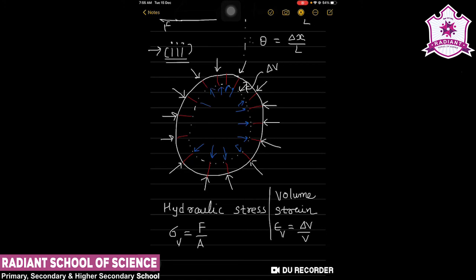This leads to a decrease in its volume without any change of the geometrical shape. So here the shape is not going to change, but its volume automatically decreases. Suppose the sphere remains as a sphere, a triangle remains as a triangle, but its volume is found to be decreased uniformly from all the sides.